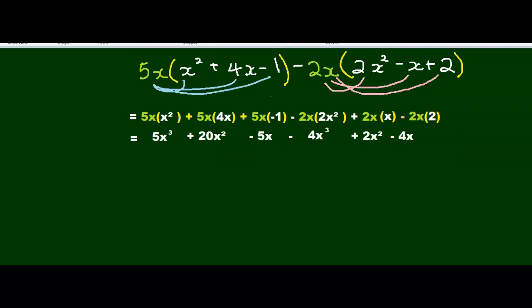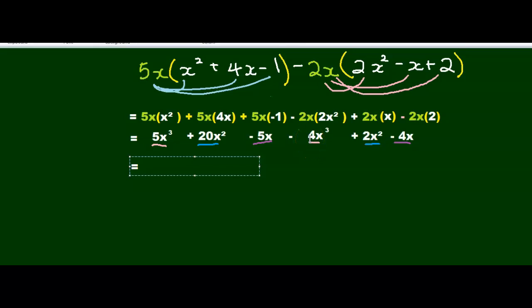Now we have to simplify by collecting our like terms. As you can see, we have x cubed terms as well as x squared terms and x terms that we can collect together. So let's collect our x cubed terms, which is in pink. That's 5x cubed minus 4x cubed.